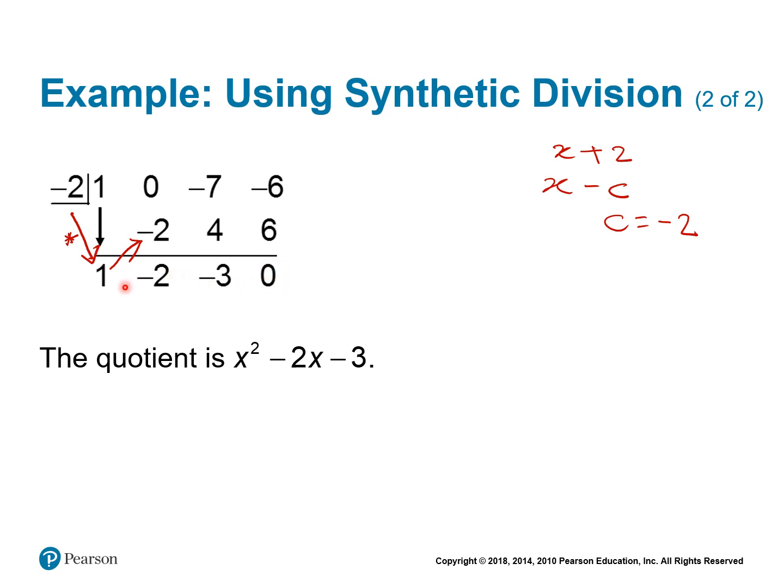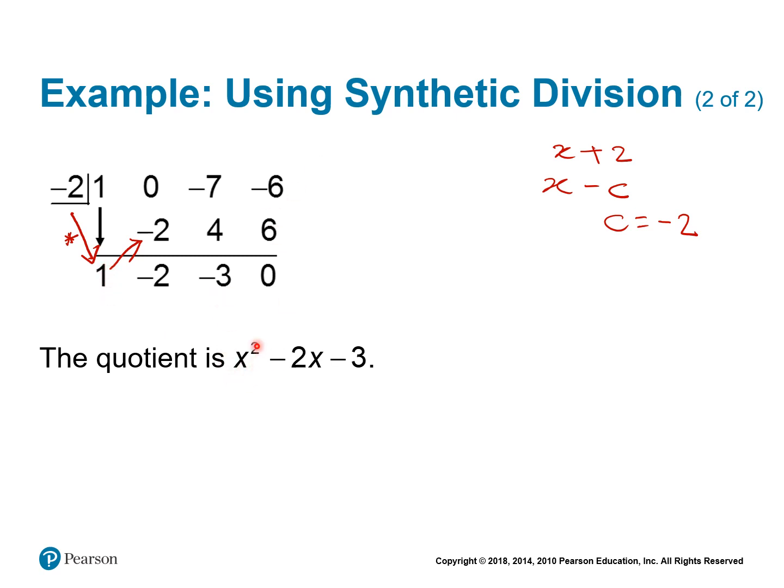All right, and then the rest of the numbers will represent the coefficients of the quotient, of the final answer. So we start with 1. All right, so 1 is the coefficient of the first term in the quotient, 1.